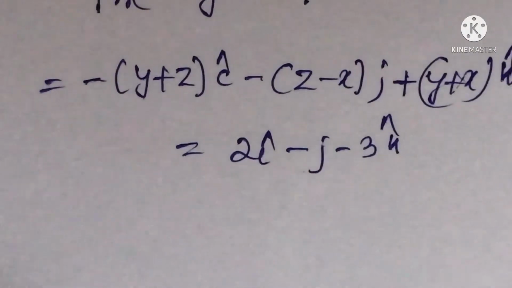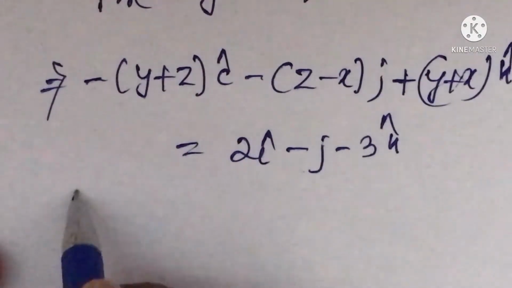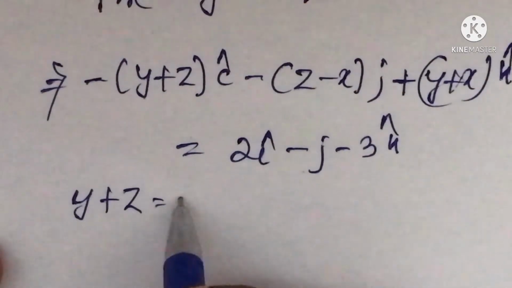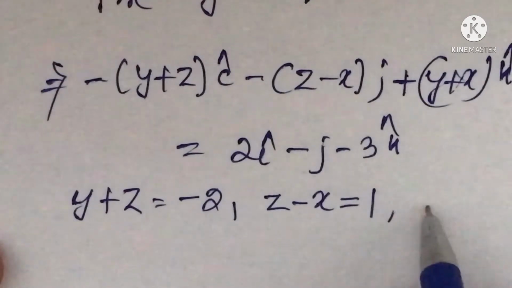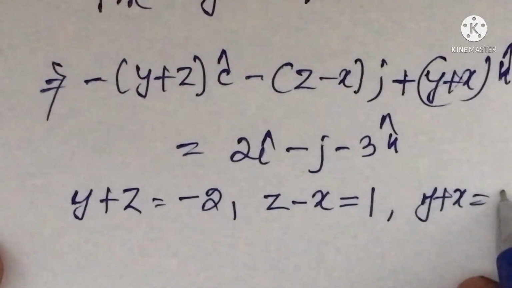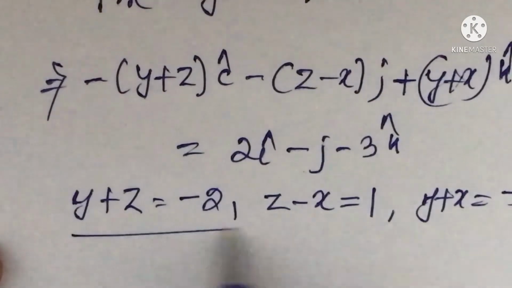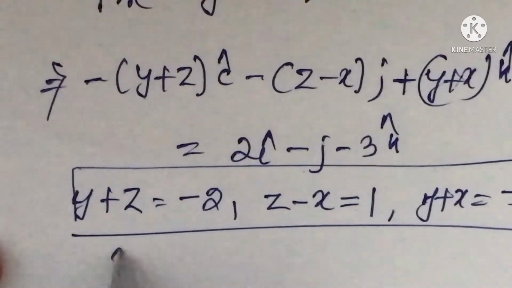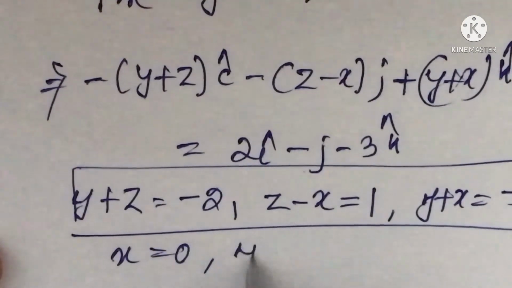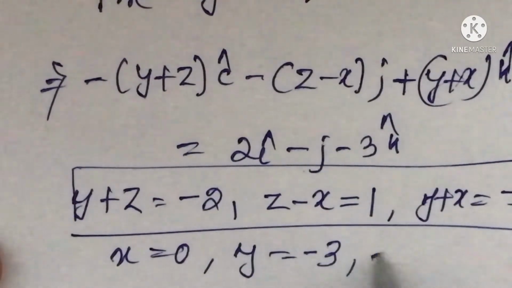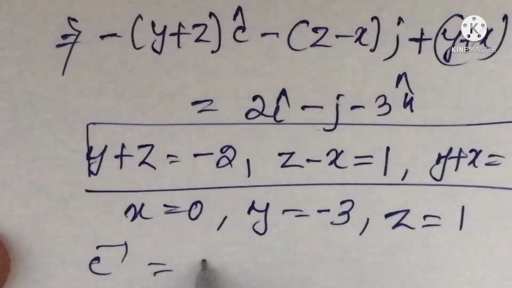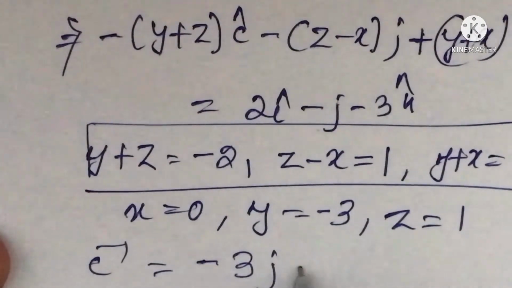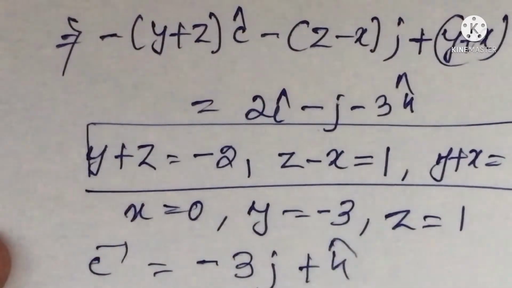On comparing both sides, we get y plus z is equal to minus 2, z minus x is equal to 1 and y plus x is equal to minus 3. On solving these three equations, we get x is equal to 0, y is equal to minus 3 and z is equal to 1. That means C vector is equal to minus 3j plus k.